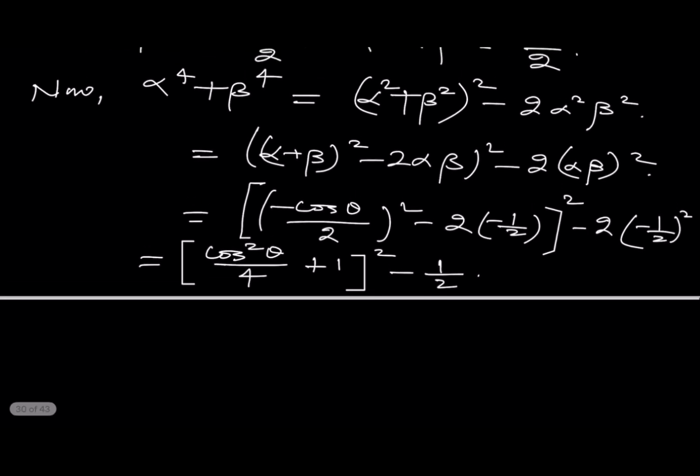Now this is α⁴ + β⁴. This whole square can have maximum value 1, and the minimum depends on cos²θ.